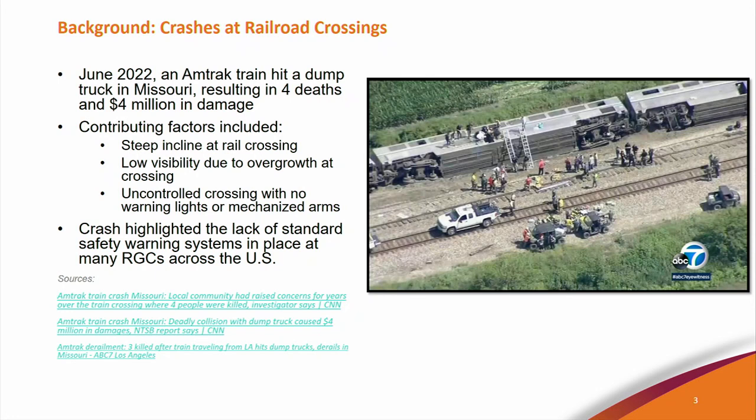The investigation also showed that the crash happened at an uncontrolled crossing. There was no warning light or any kind of warning system present that could tell either the train or the dump truck that a train is approaching and they need to stop.